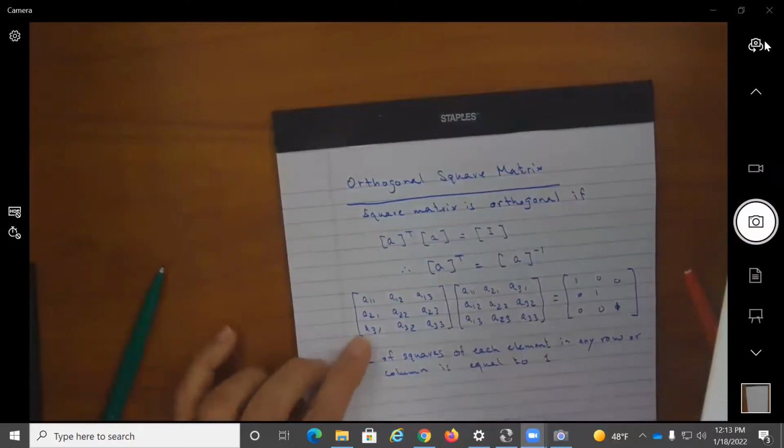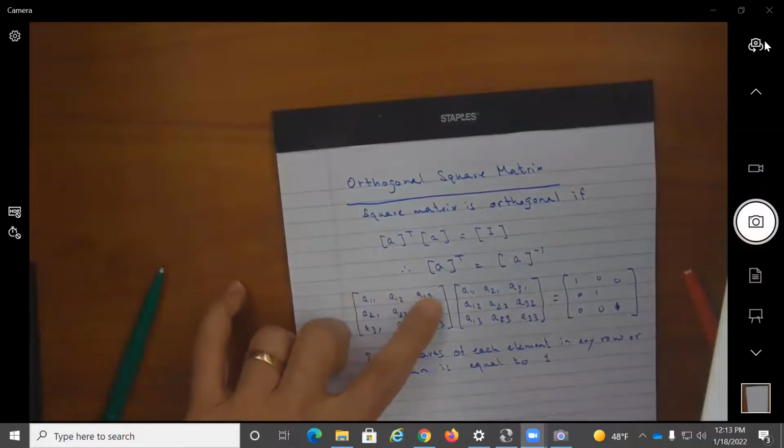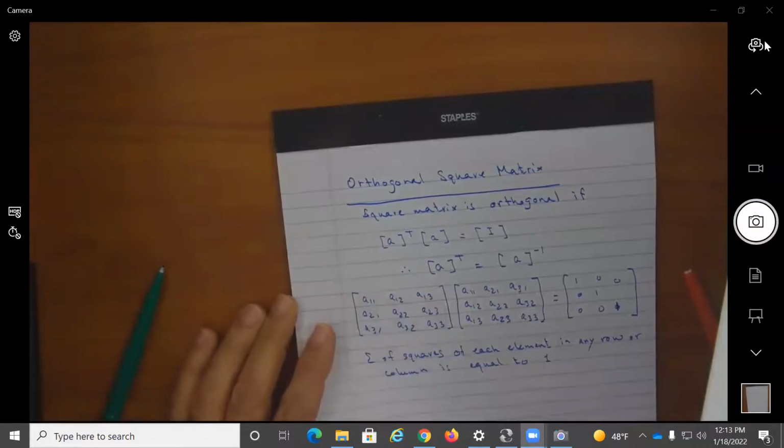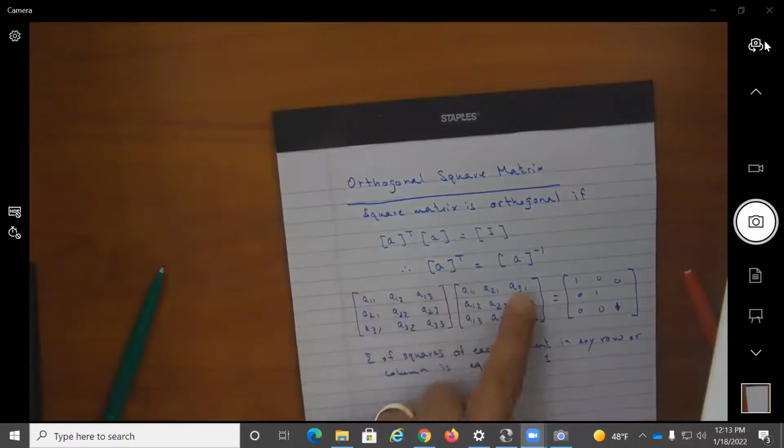Because if you're multiplying a row by its corresponding column, like the first row by the first column, you have to get 1, and so on. So if you're summing the squares of the elements of any row or any column, you should get 1 if the matrix is orthogonal.